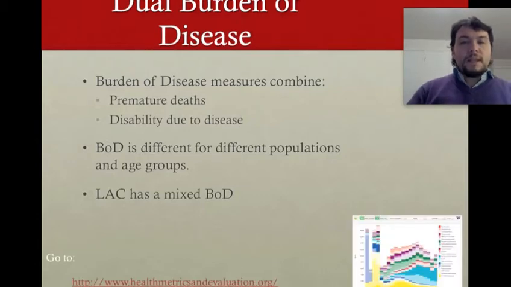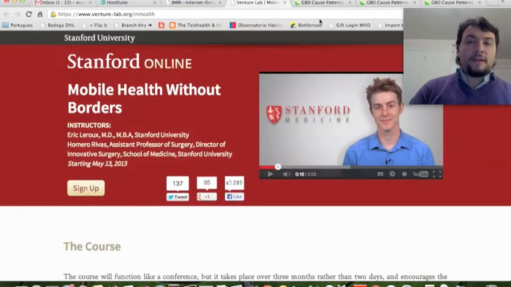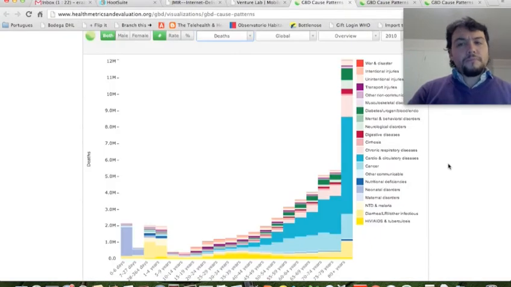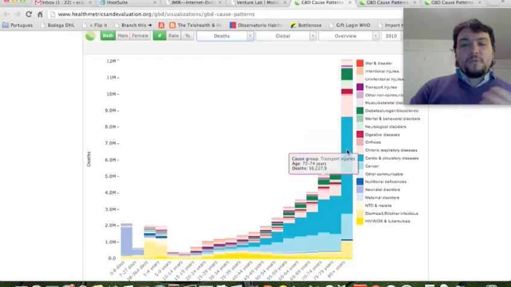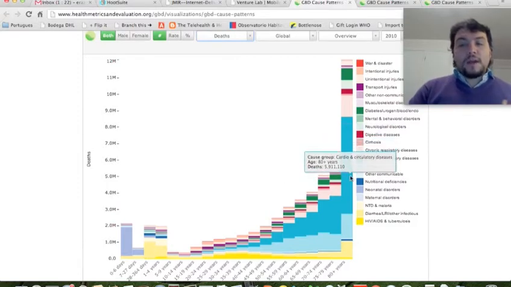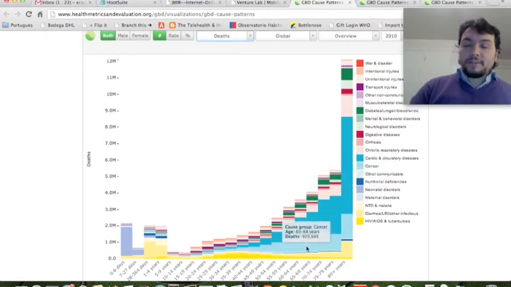So let's look at a visualization provided by the Institute of Health Metrics and Evaluation. This is a broad panorama of the mortality situation in the world. This is global figures. So if you just look at mortality figures, you would have the idea that the worst health problem comes from cardio and circulatory diseases and cancer.